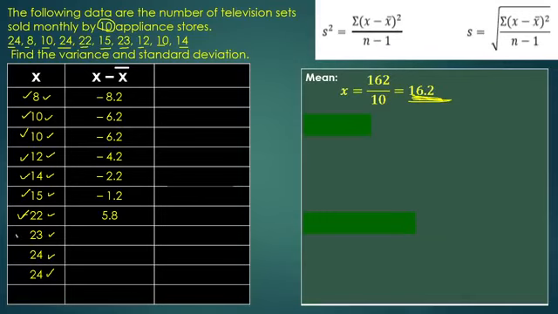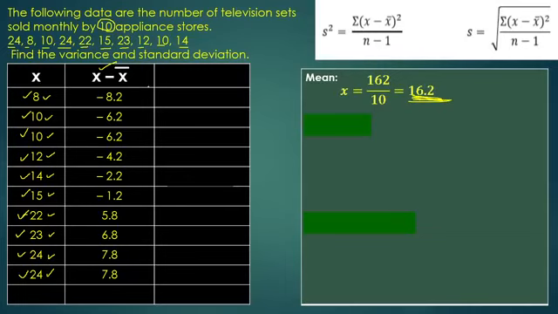What is 23 minus 16.2? 6.8. What is 24 minus 16.2? 7.8. Same thing with that. Okay? Any questions about the second column? Is the second column clear?